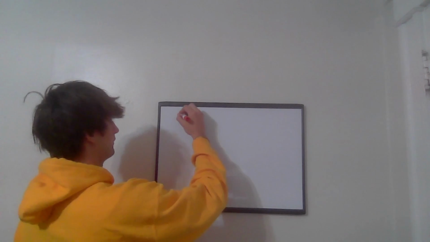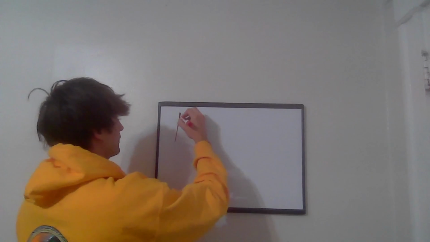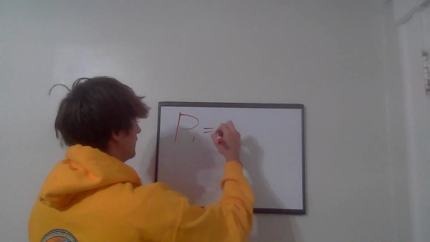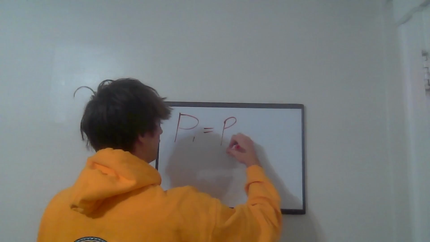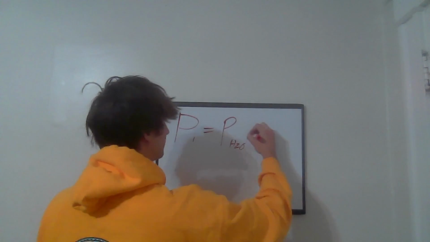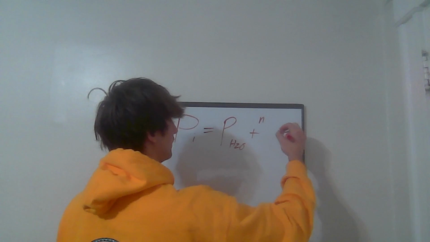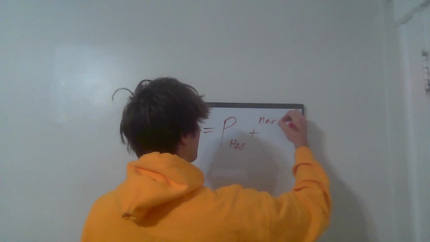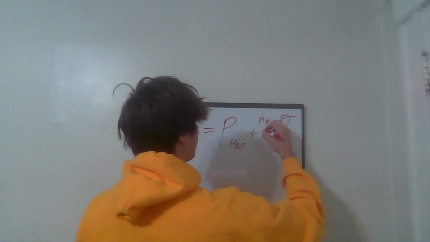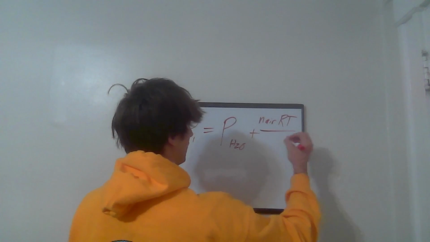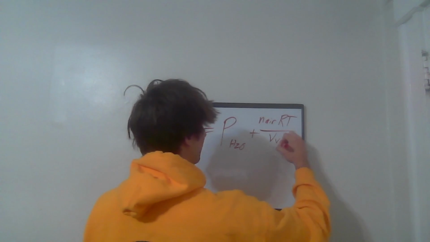Now what we need to do to find the number of moles of air is take PV equals nRT and switch it up a little bit. So we're going to say the pressure initial is going to be equal to the pressure of the water, H2O, plus the number of moles of air times RT divided by the volume of the vapor phase.